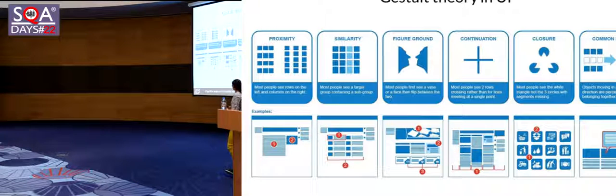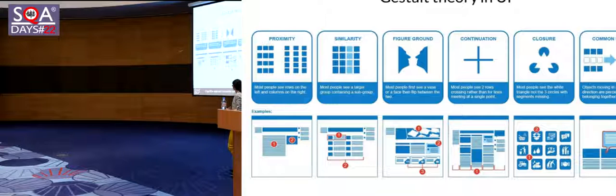Then let's go to the next principle, named figure-ground, and it's applicable to advertisements. On the website we have something that is one big thing visible as the first element, and later we can switch to another background that is just behind it.